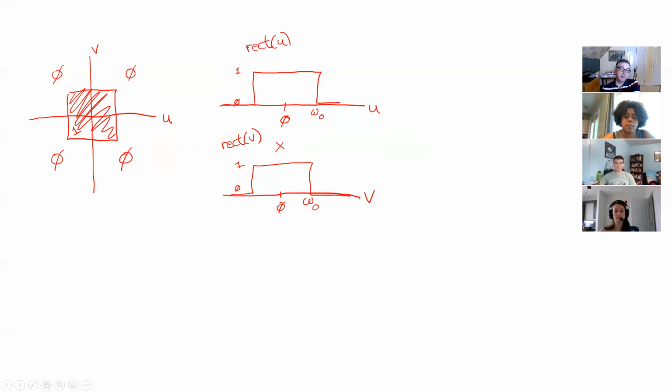If that's the filter's MTF, or technically the OTF, we're trying to basically invert the Fourier transform here. First question is, do we know the inverse Fourier transform of that function?